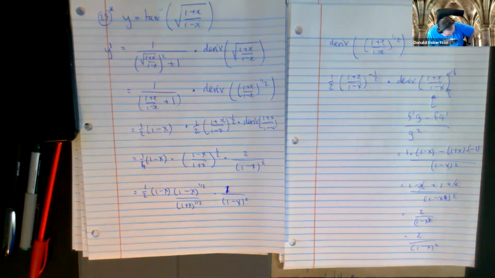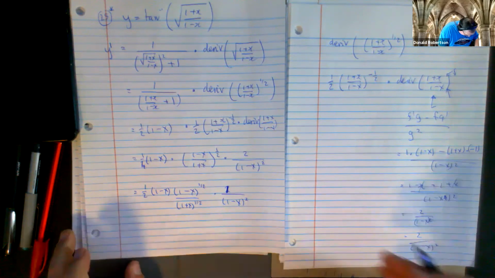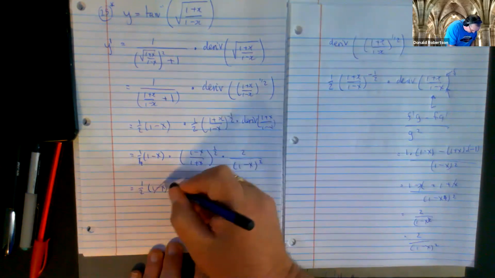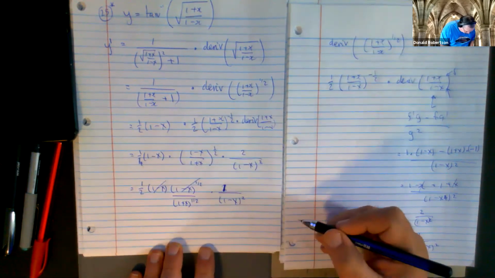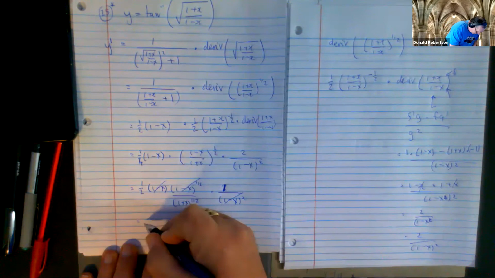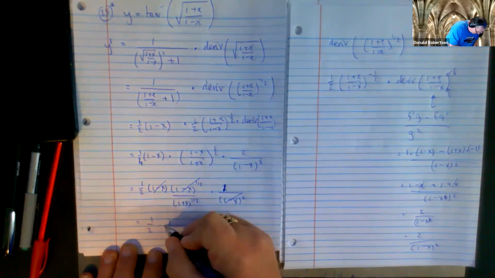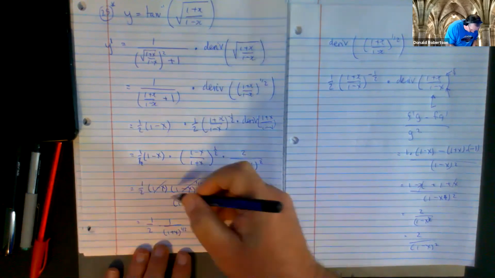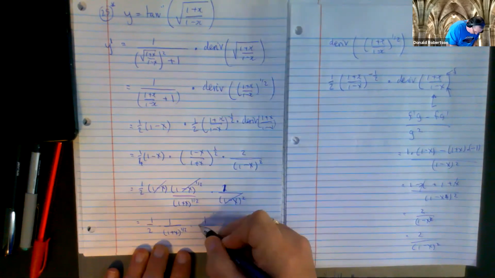Okay, let's do some killing. That's 1, and that's a half. So isn't that 1.5 powers? Won't it cancel with this and leave a half power? So what do I have? I have a half. I have a 1 plus x to the half. And 1.5 and that guy leaves me with a half power on the bottom.